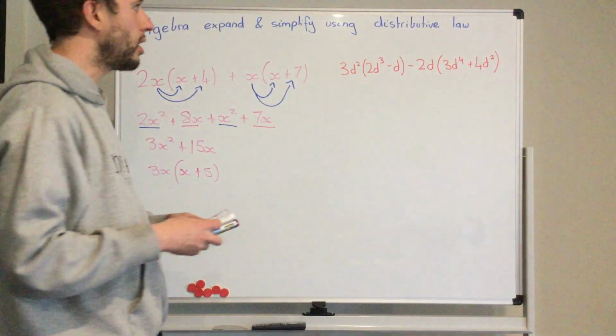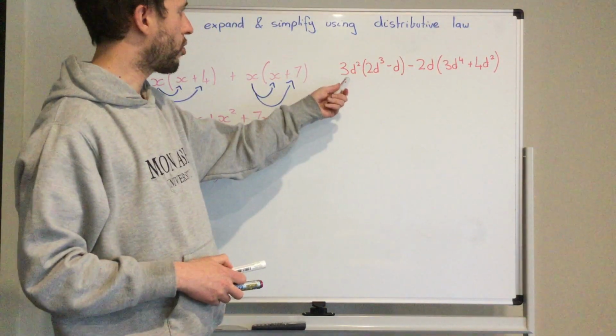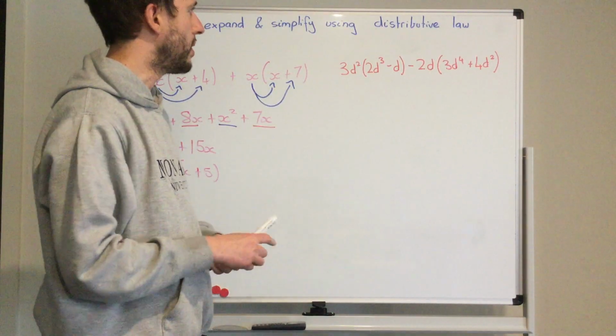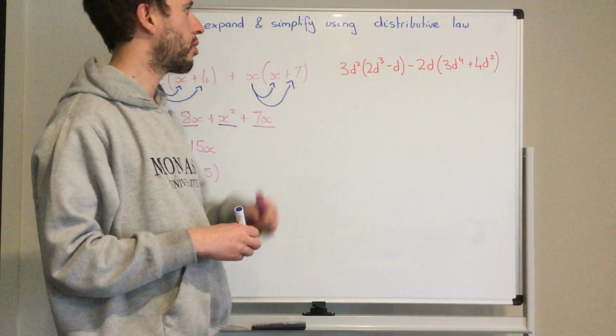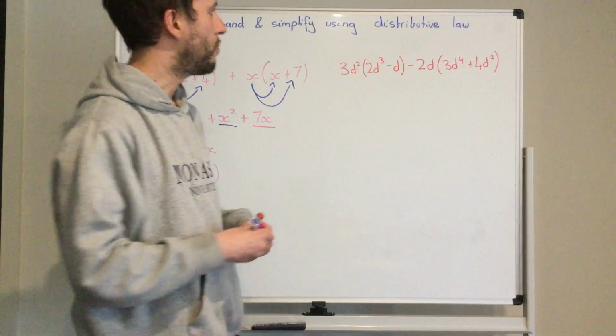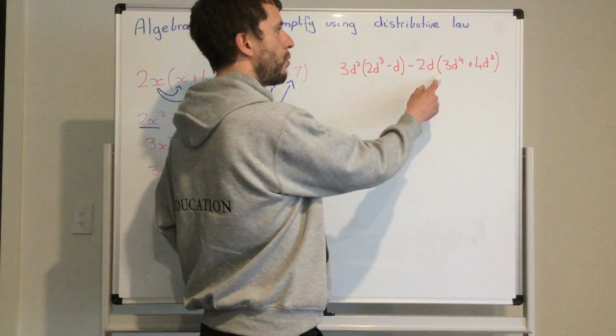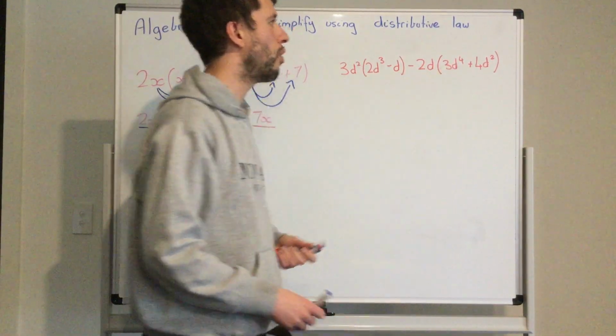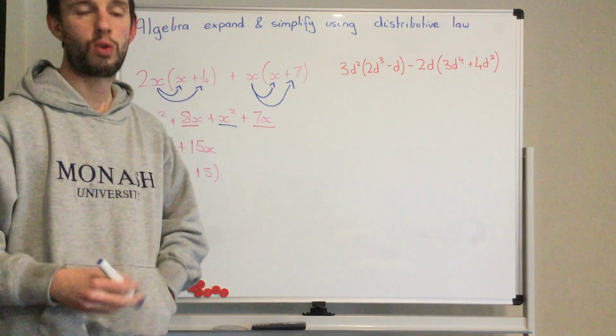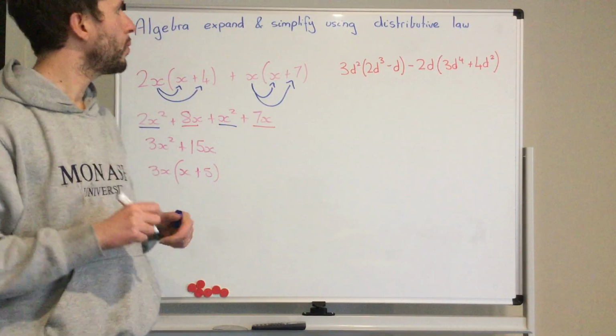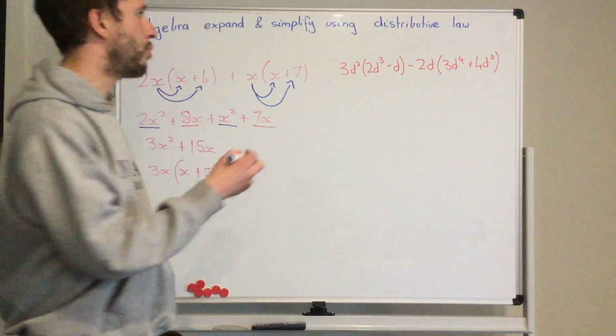Let's move on to the second question. We've got 3d squared in brackets, 2d to the power of 3 take d, in brackets, then we've got take 2d in brackets, 3d to the power of 4 plus 4d squared. So the first thing we need to do is expand the brackets.